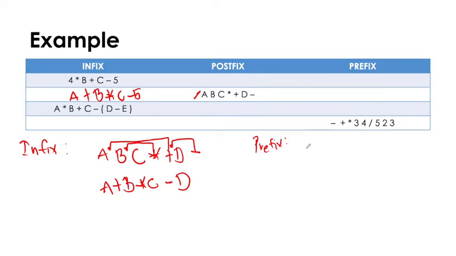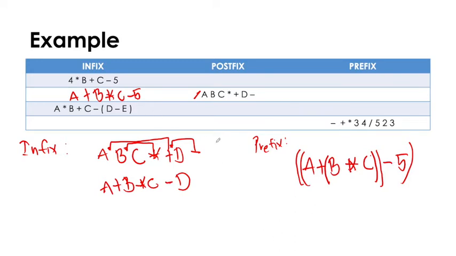So I write it down again, A plus B times C minus D. And then again, I do the parentheses method using the operator precedence. So let's enclose that, and enclose that. Then let's do it.